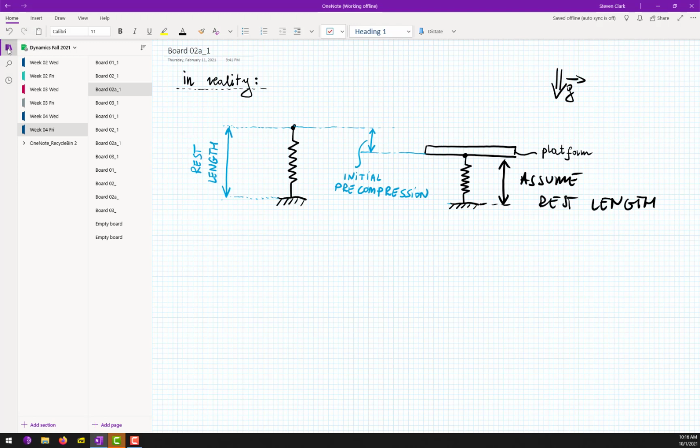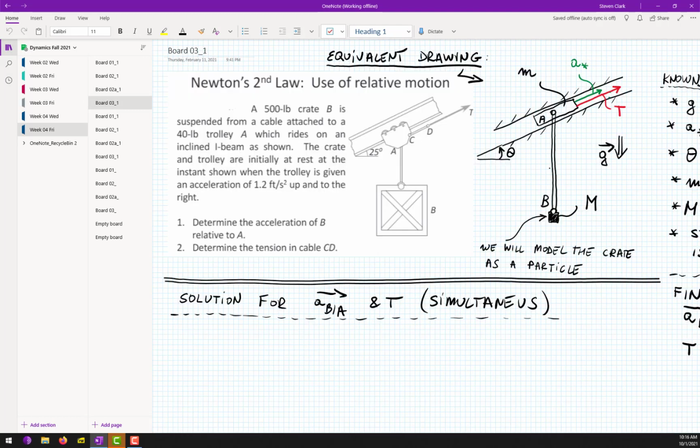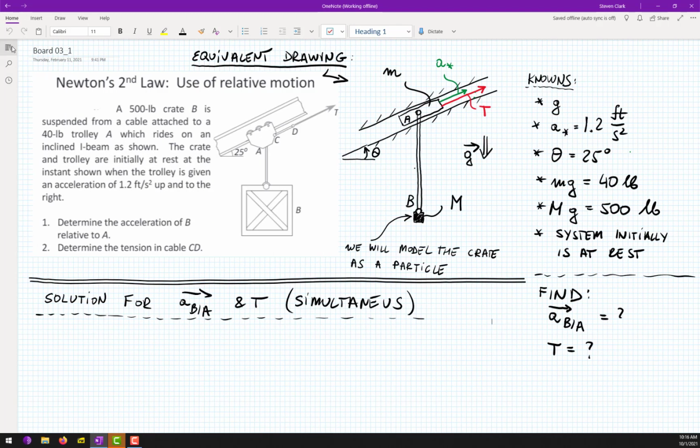Familiarize yourself with the problem statement. Oh, not this one. Nice. Please familiarize yourself with the problem statement before we start our solution. Okay. John, are you here? John Brooks? No. Okay.